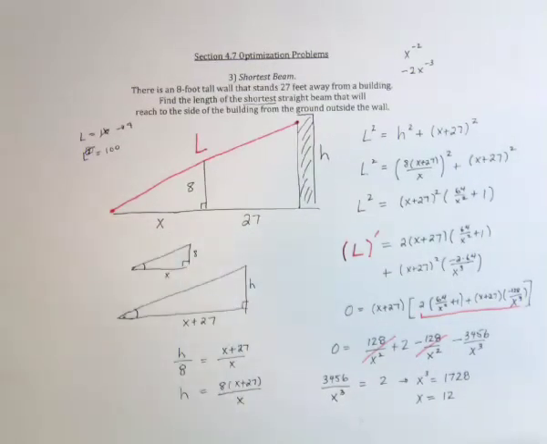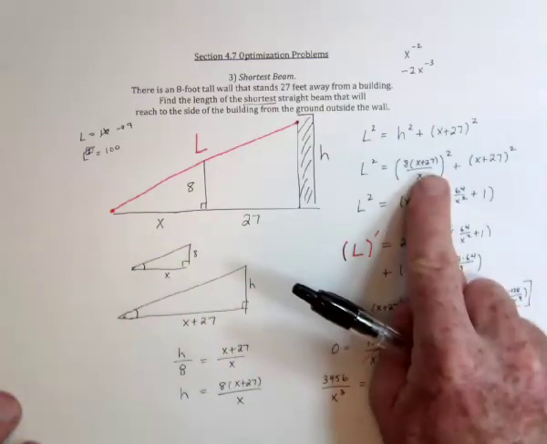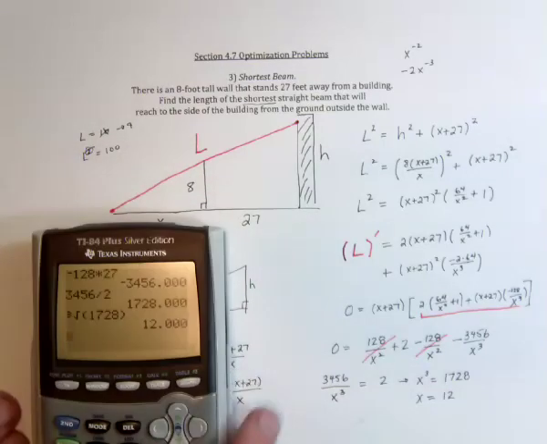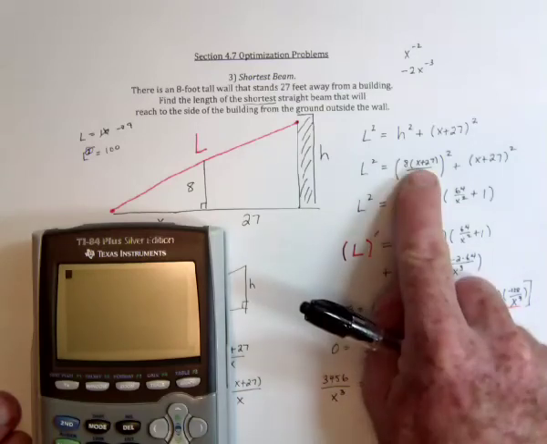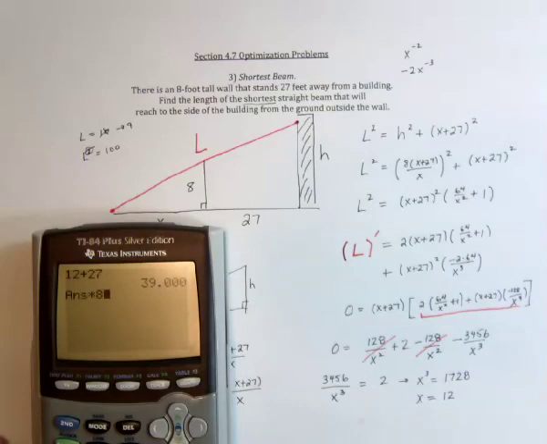But that's not the length of the board. That is this right here. So now we need somewhere to find out what should L be. So I think we need to go back to this one and substitute for x. So we're going to have x is a 12. So this is going to be 12 plus 27, a 39, times an 8, divided by the x, which is 12, and then that's squared.